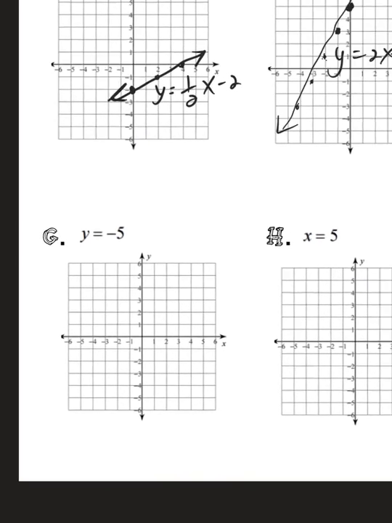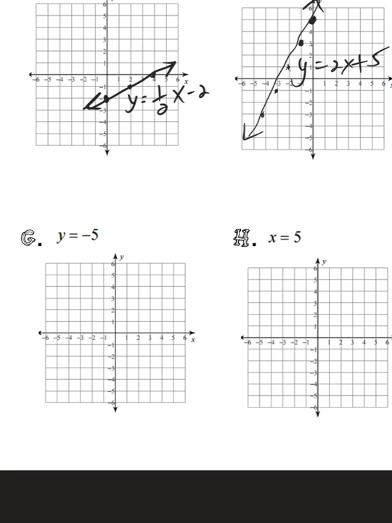For G, you have a special case here where you have y equals and then a constant number. In this case, that constant number is -5. -5 on the y-axis happens right here. Anytime you see an equation that starts with either x or y and it's equal to a constant number, it means you either have a horizontal line or a perfectly vertical line.